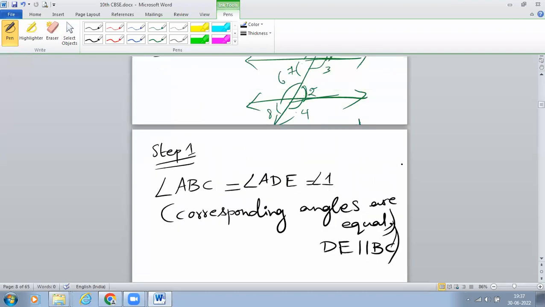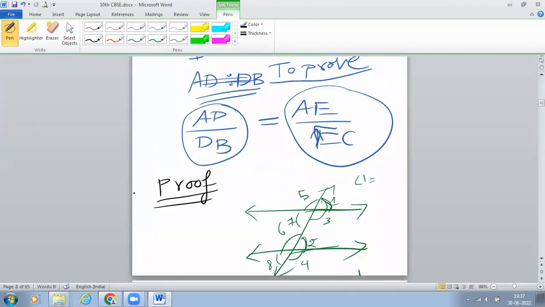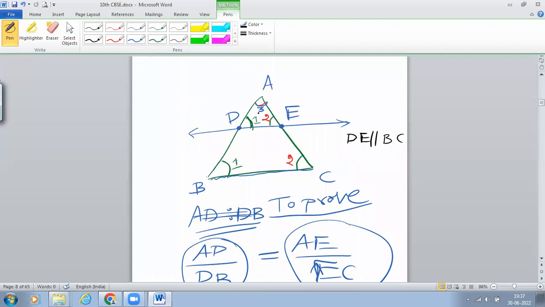See here, I will tell you which is angle ABC and which is angle ADE. This one is angle ABC, which is mentioned as 1, and this is angle ADE. So these two are equal. Am I right or wrong?